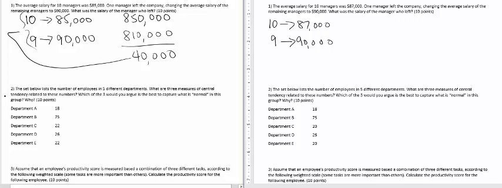Well, we used to pay 10 managers an average of $87,000, which means we had to budget $870,000 for this item. And now we have 9 managers, again making an average of $90,000, so we have to budget $810,000.